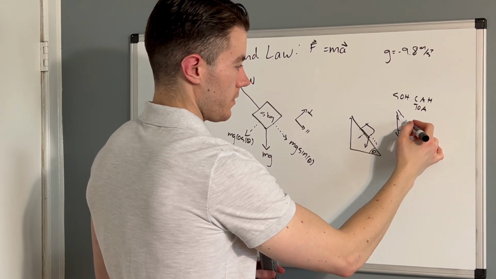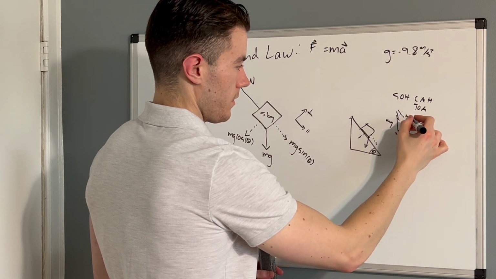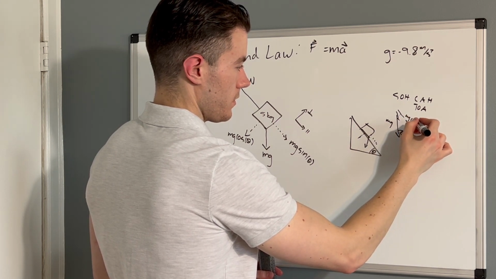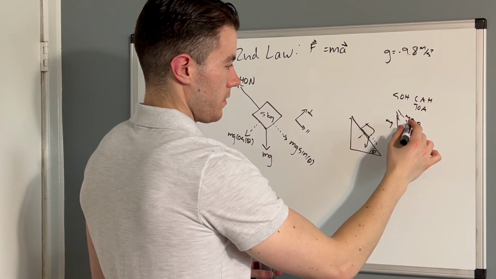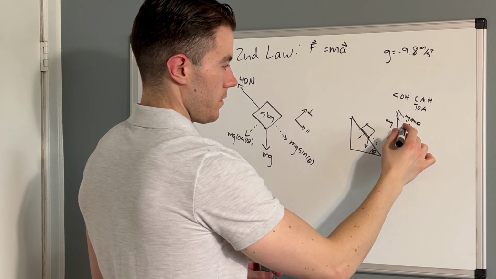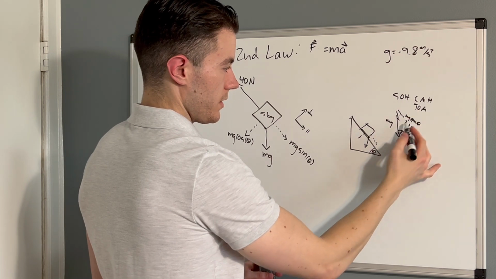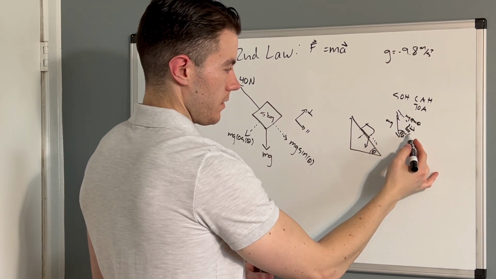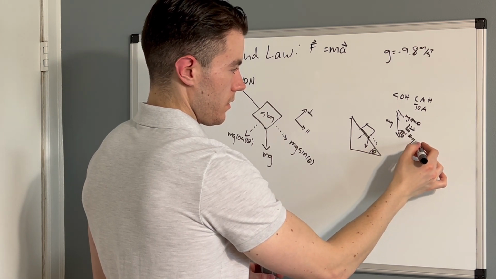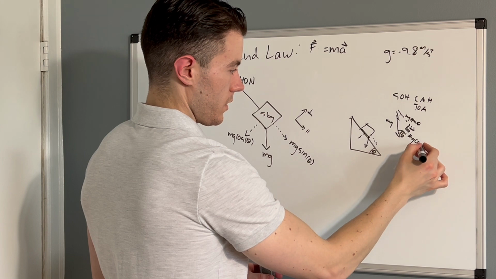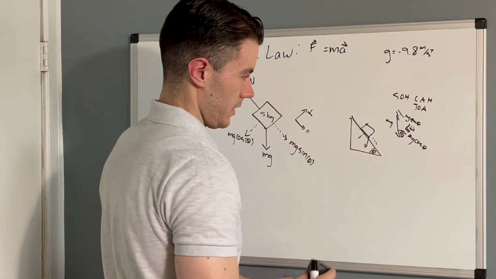Sine is opposite over hypotenuse: mg sine theta. And then cosine is adjacent over hypotenuse: mg cosine theta. So that means this one is cosine and this one is sine.